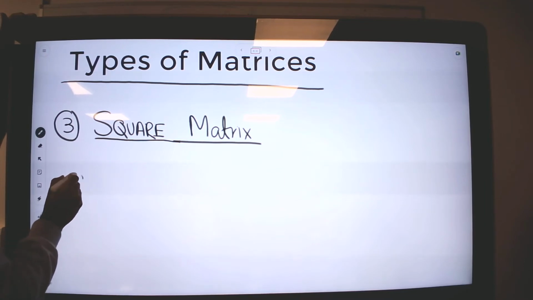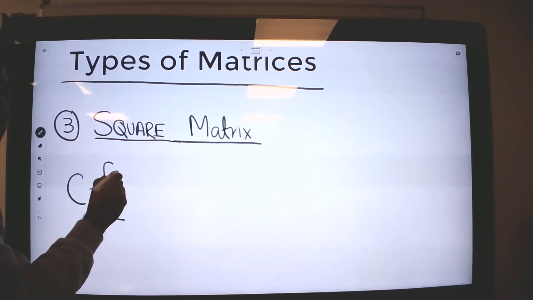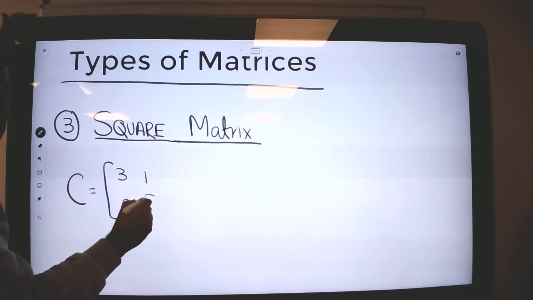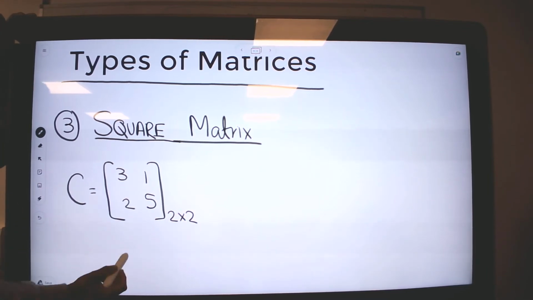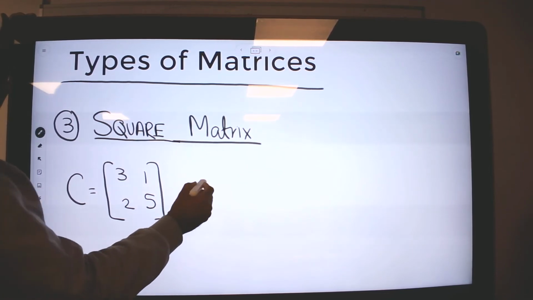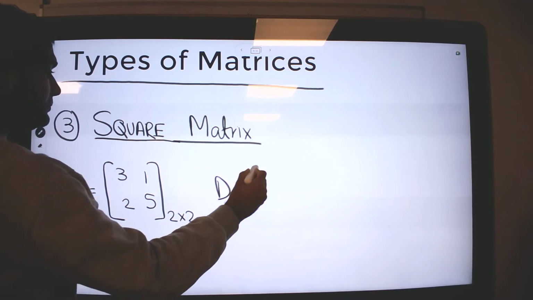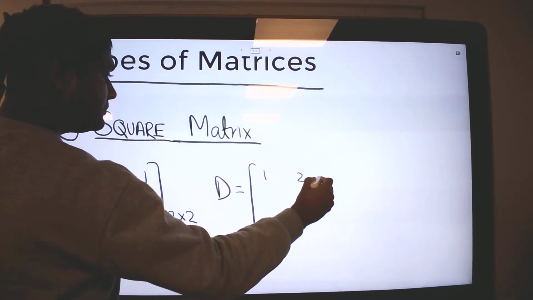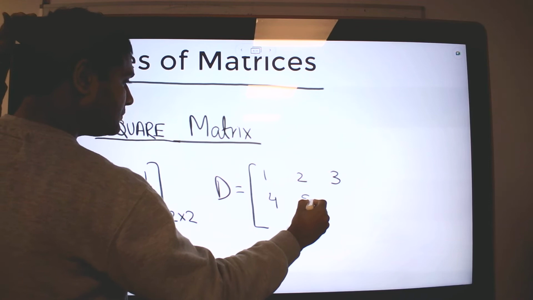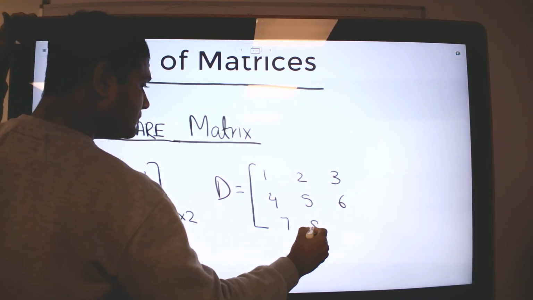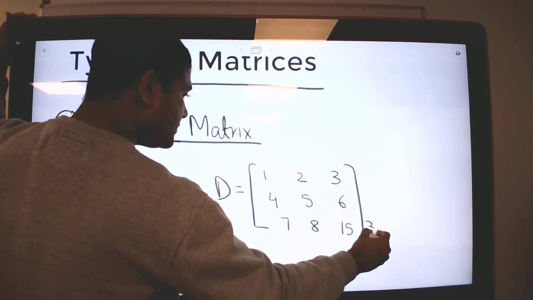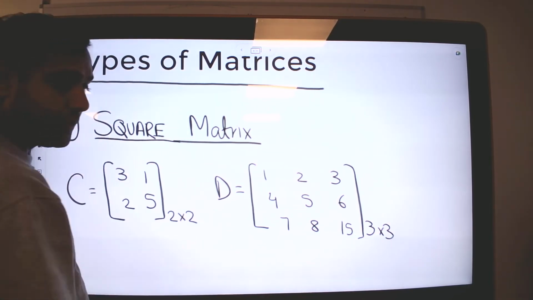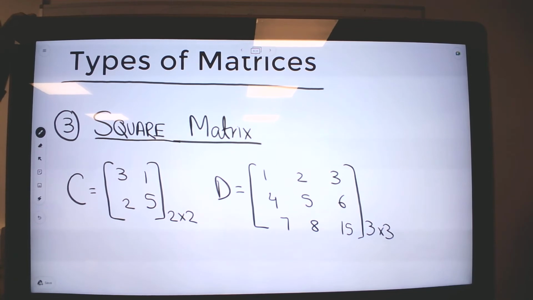For example, this is 2 cross 2. Number of rows and number of columns, they are equal. Another one. Three cross 3. Number of rows is equal to number of columns.